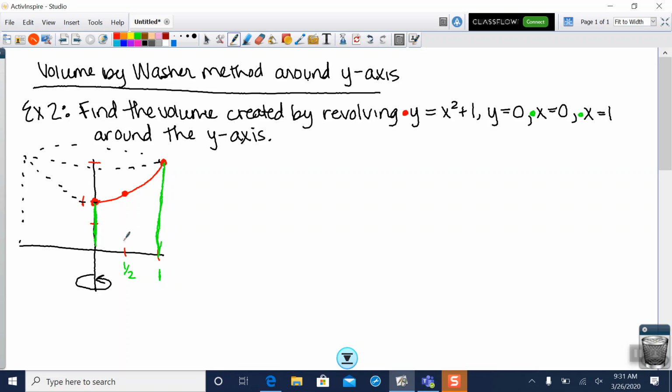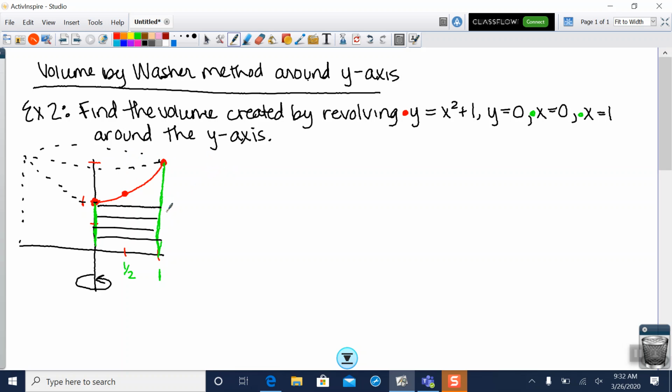And so what I want you to see is that when we rotate the bottom part from here down, there is no hole in this part. When it's rotating around over here, this part at the bottom is not going to have any hole in it at all. So that has to be treated as a different integration than the part at the top where there is a hole.